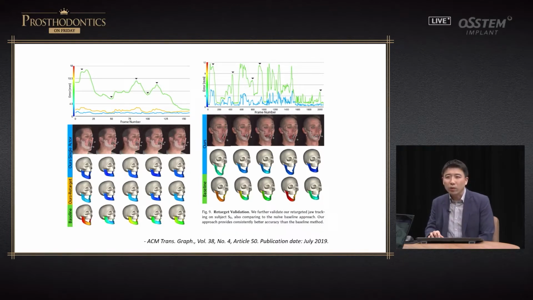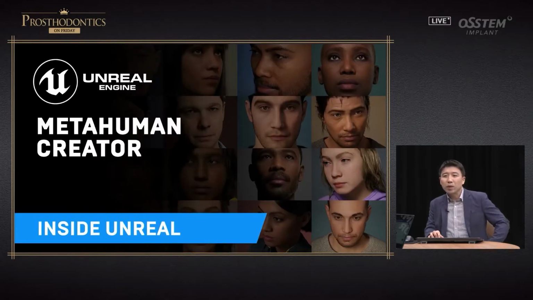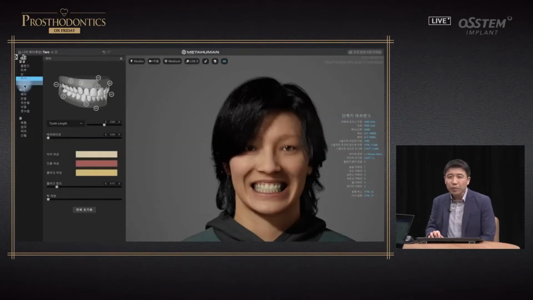I want to talk about Unreal Engine. This has released a new system called MetaHuman. I was interested, and you can design teeth in this way. If you have scan data or 3D data, you can move patient lips and design teeth.